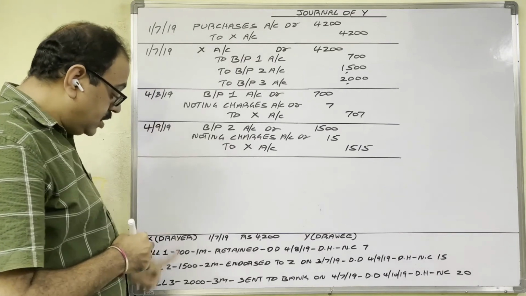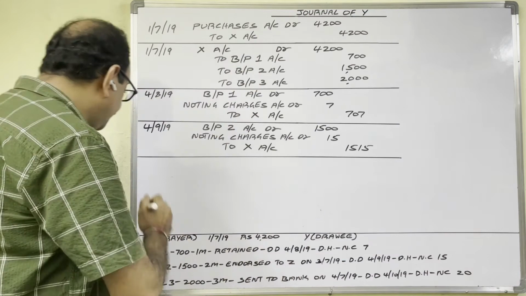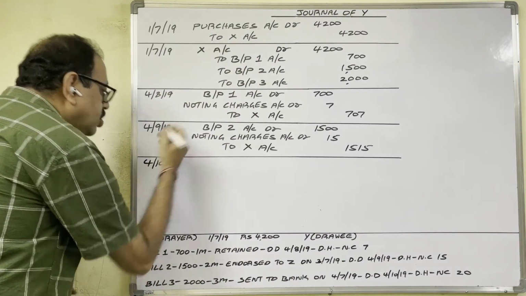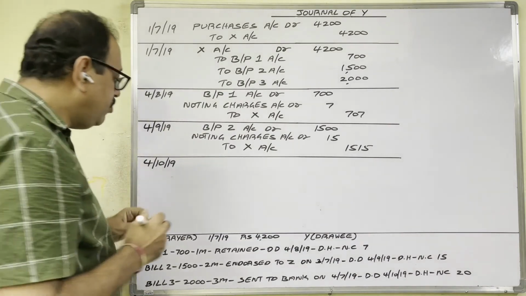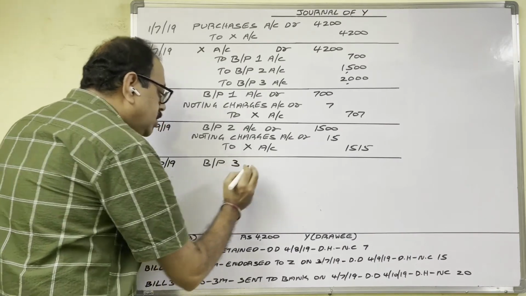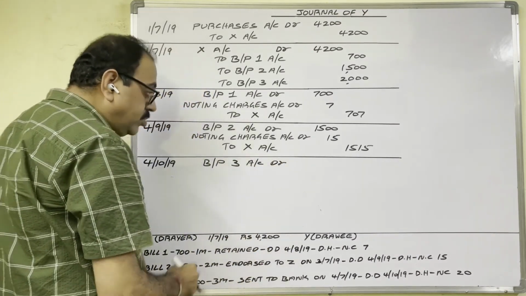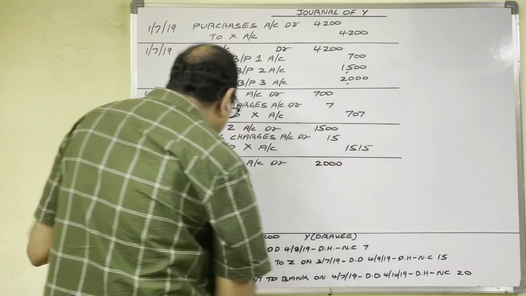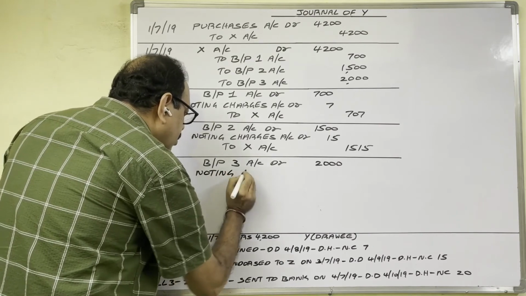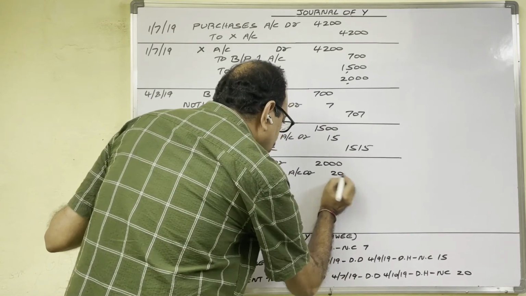Next date is third bill due date, 4th October 19. On that day, for the third bill also the same thing happened. So the bill we should cancel because the third bill is also dishonored. Bills payable 3 account debit, third bill amount 2000 rupees. Third bill noting charges also he should only bear, no? So debiting in Y's books, third bill noting charges amount 20 rupees.